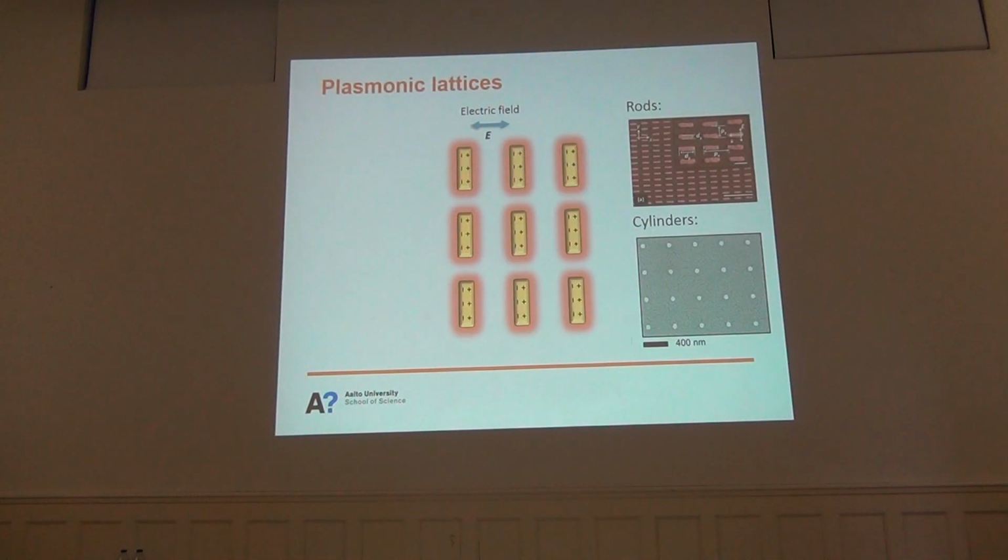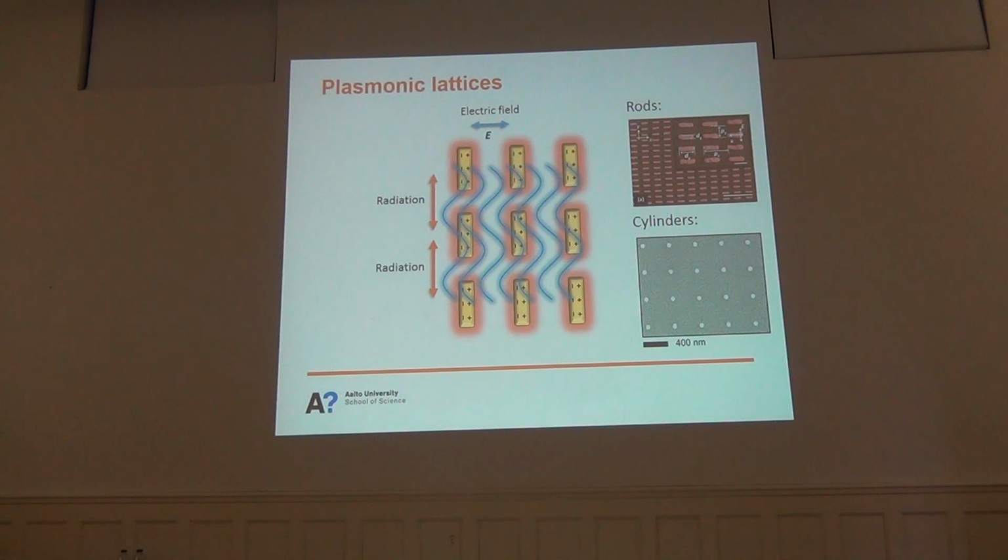What we do in our group is we take a bunch of these nanoparticles, or actually we produce them with EBL, and we arrange them in a periodic array. And why do we do this? We do this because by setting the lattice periodicity to be on the same order as the wavelength of the optical field, we can enhance the resonances, because these dipoles basically radiate to each other, and this will enhance the radiation a lot.